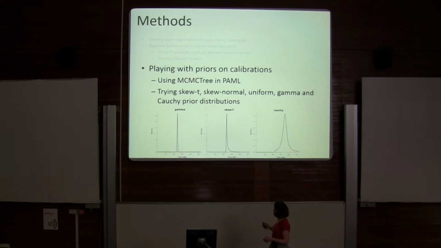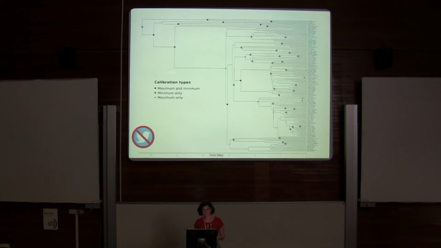So we think that the true age of this node is somewhere between the minimum and the maximum, but we're not too sure where. We might use a normal distribution, or if we think our fossil is quite close to when these two clades diverged, then we might use a prior distribution which puts much more weight closer to the minima.